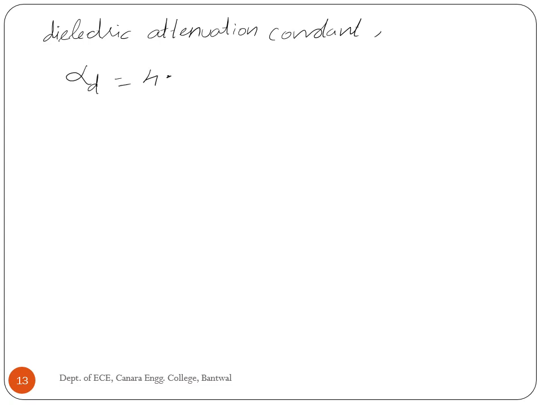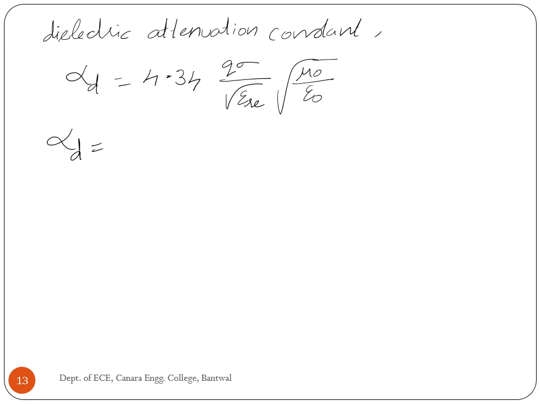An expression for the dielectric attenuation constant alpha D is equal to 4.34 root of mu naught divided by epsilon naught when the medium is air.